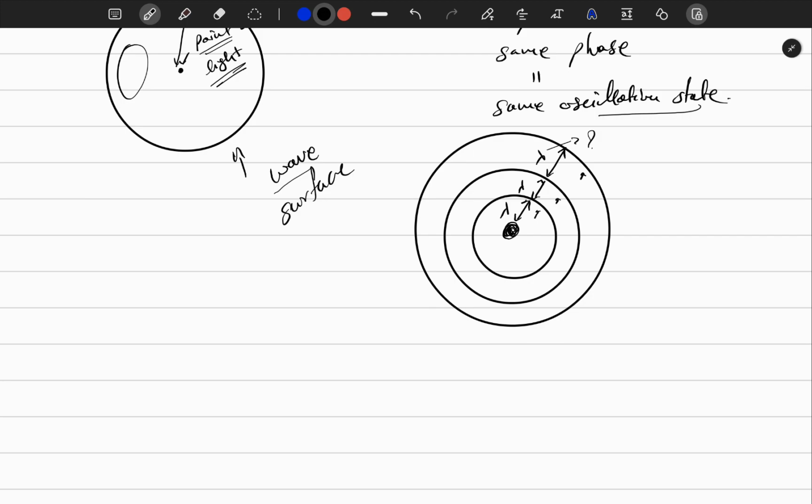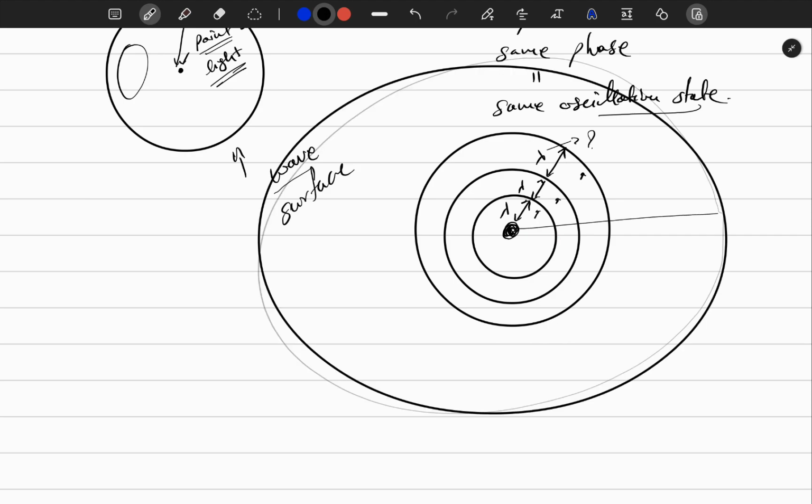These circular waves or spherical waves, at considerable distances from the source, will become very large. If we go to a large distance, the wavefront will become very large, and a small portion of it can be considered as nearly planar.